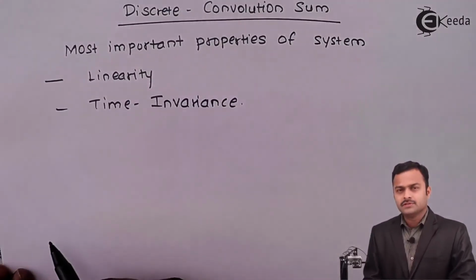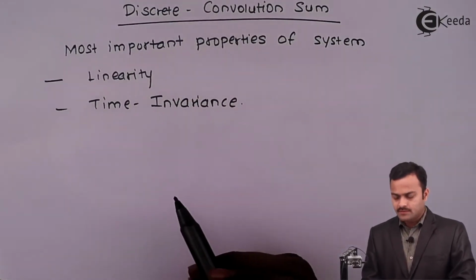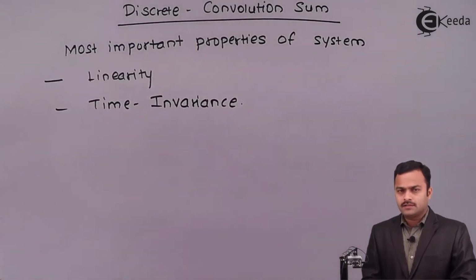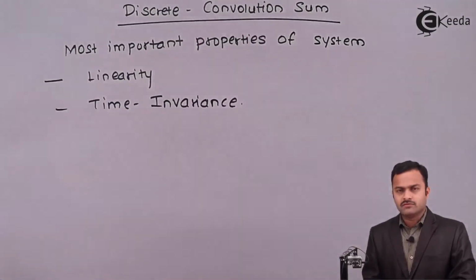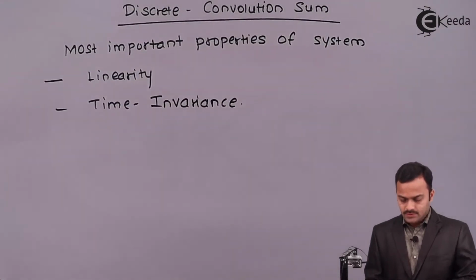So in practice, we do have systems which are LTI, which stands for linear time invariant system, where one important thing that we can perform on LTI systems is convolution. So let's discuss convolution.